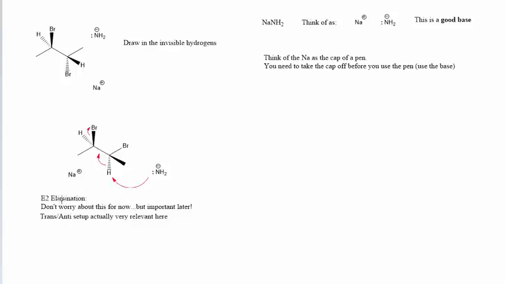So this is called an E2 elimination. You don't have to worry about it so much right now, but it turns out that that trans setup, or anti setup, from the halogenation is actually pretty important here. So important that I've had to do a bond rotation to get this Br over here and this H over here. Again, don't worry about that so much. Think big picture. The big picture is that the base is attacking the H.